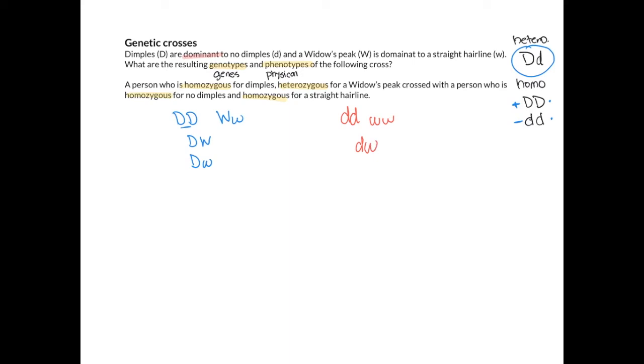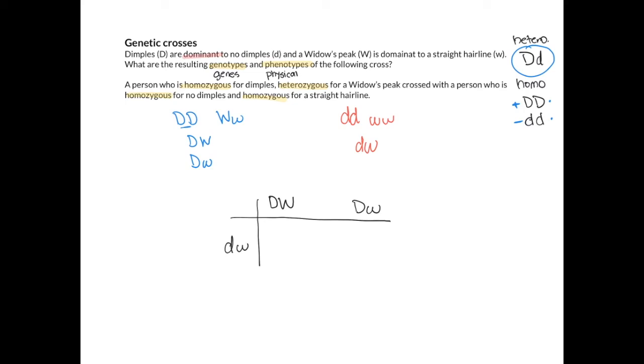So now let's go ahead and make a cross using what we know so far. So from the first person, we can either have the uppercase D, uppercase W, or uppercase D, lowercase w. And we'll go ahead and draw on a cross. And for the second person, there's only one possibility.